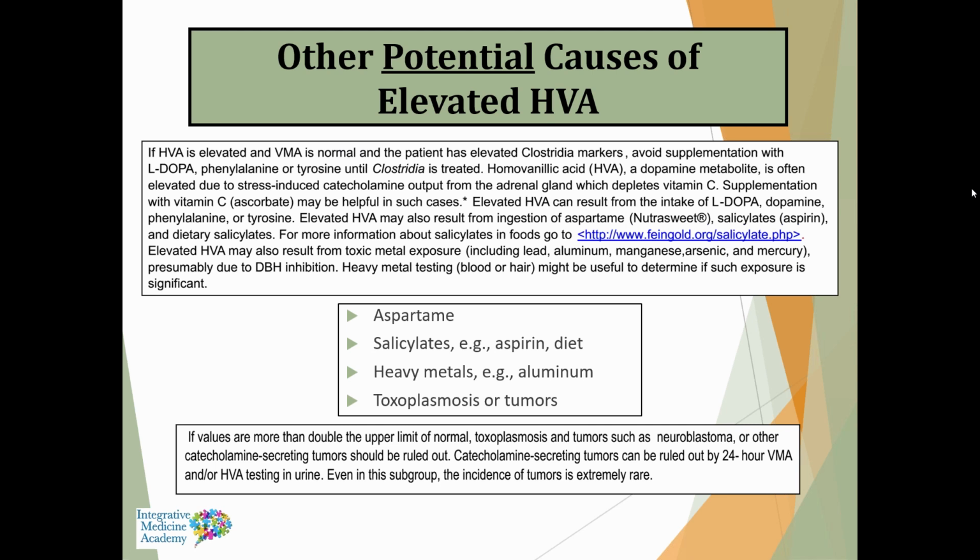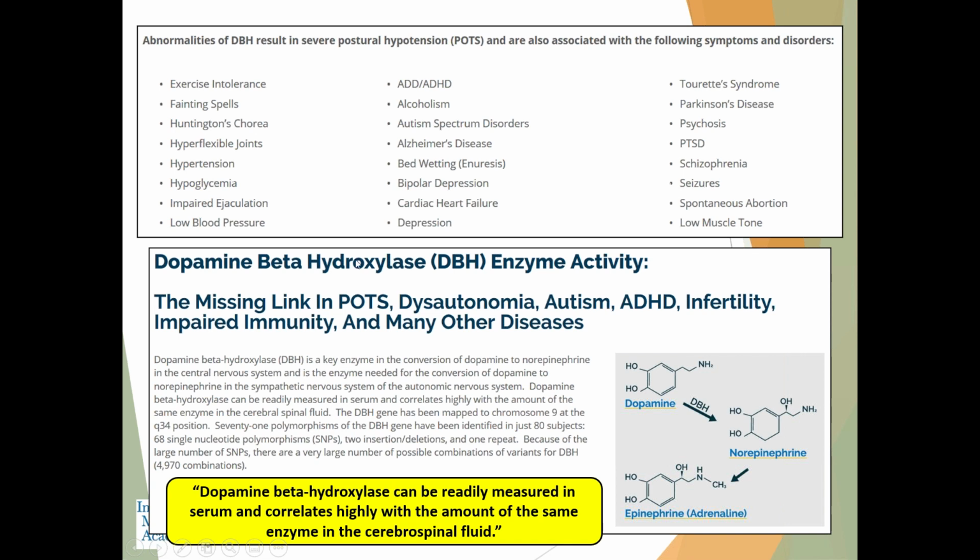But again, that's not something that we're commonly seeing. So we know that interference of dopamine beta hydroxylase could occur for many reasons, and the manifestations of problems linked to it could be anything from poor exercise tolerance to fainting spells to low blood pressure to headaches to something called POTS, postural orthostatic tachycardia syndrome. But there are many other mental health and neurological conditions that could be associated with it as well.